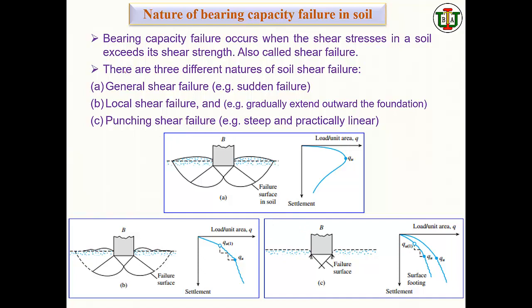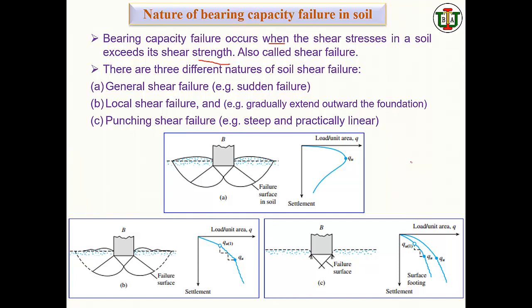Bearing capacity failure occurs when the shear stresses in a soil exceed its shear strength. If soil has a shear strength capacity of maybe 10 megapascal, and the stress you give from the building or structures is more than 10 megapascal, then the soil will fail. That kind of failure is considered shear failure.